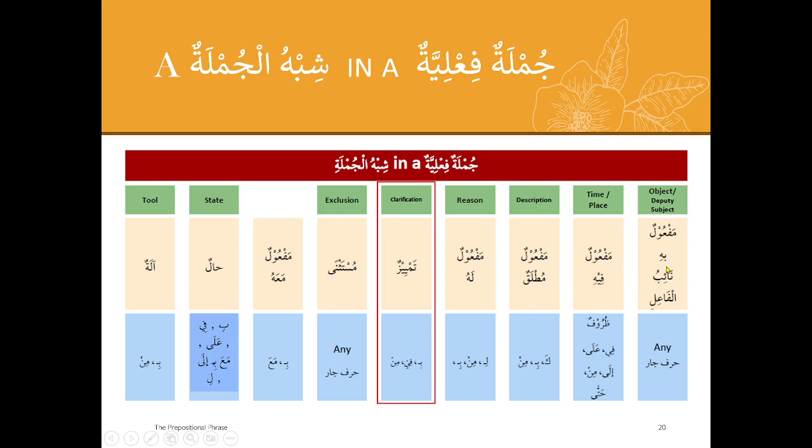But we have learned a long, long time ago in a land far, far away that we can make a jumlah take the place of an isim. Now we're seeing that a jumlah can also do that, with the exception of tamyiz. This one is strictly an isim, but it can convey the meaning of Tamyiz because it's clarifying something.